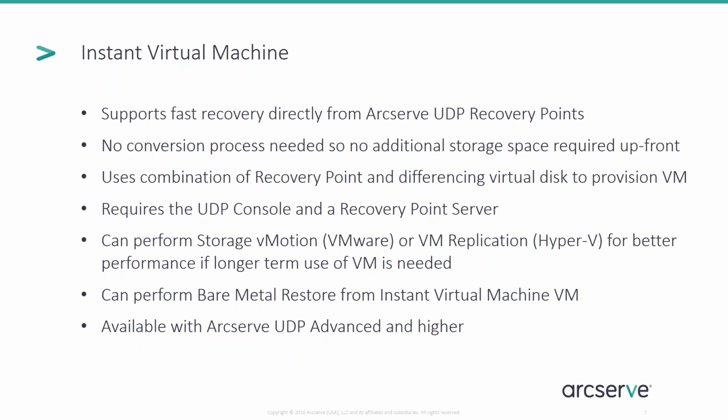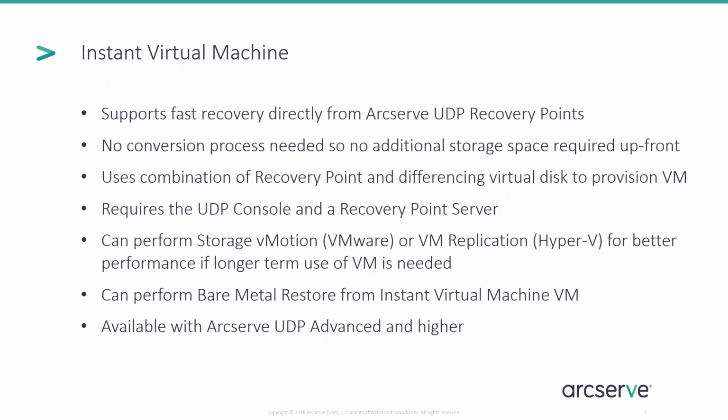Now the way this works is we're using a combination of the recovery point or the backup as our bulk source data, and of course this is going to be a read-only source. We then also use a differencing virtual disk to store the changes and new data.